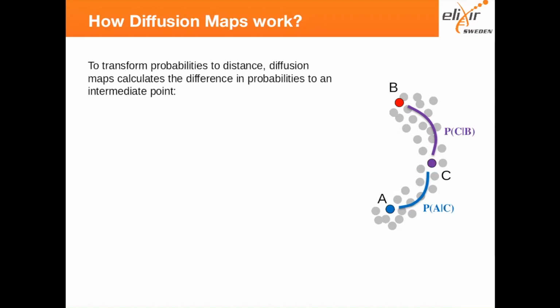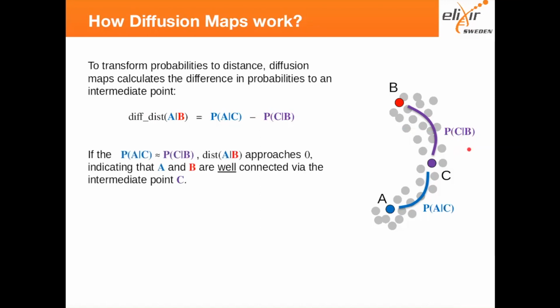So the diffusion maps will calculate the diffusion distance between A and B as the difference in probability between those two. If that difference is equal to 0, that means that those 2 points are well connected via some point called C.